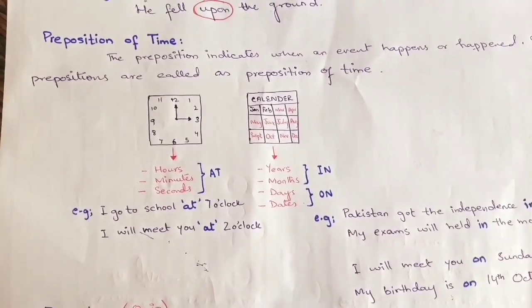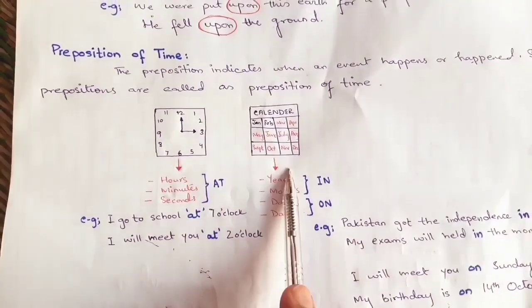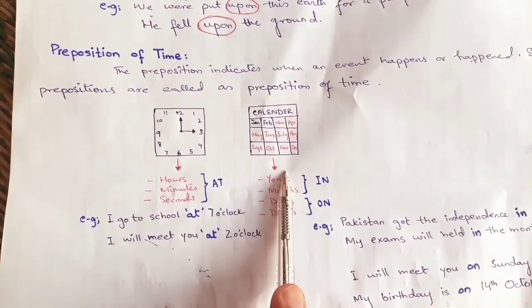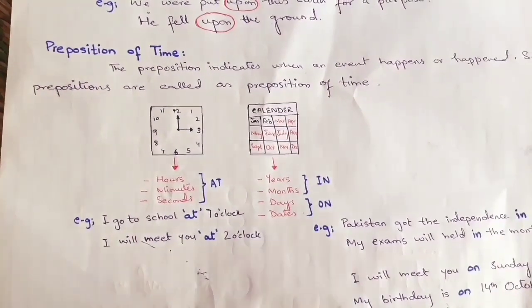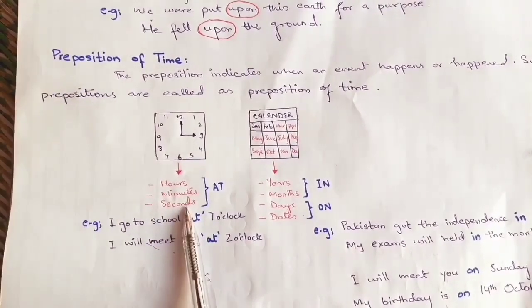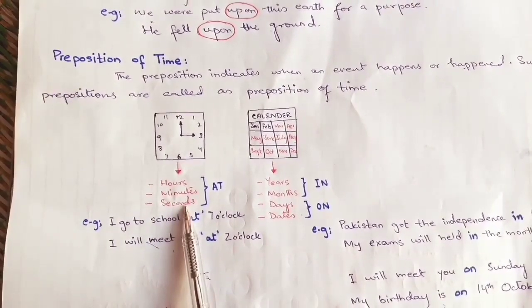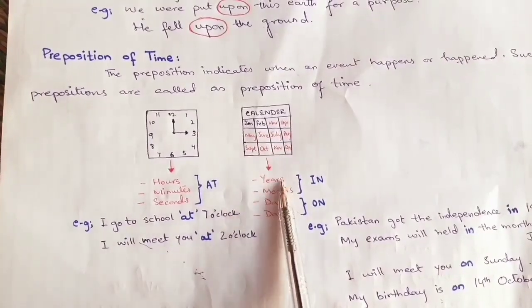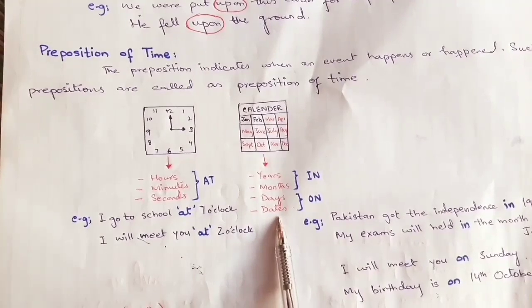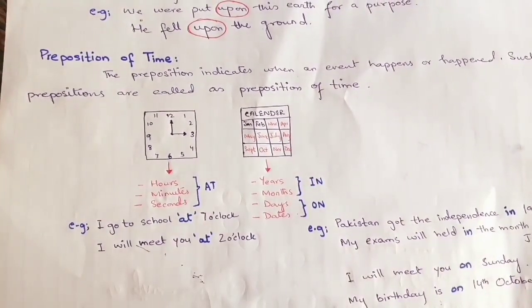Always remember two things in your mind: the clock and the calendar. The clock tells us about the hours, minutes, and seconds, whereas the calendar tells us about the years, months, days, and dates.